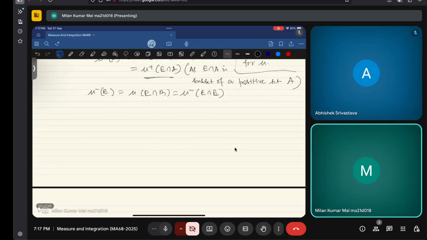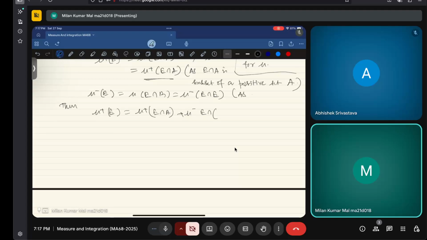Similarly, mu plus of E is equal to mu plus of E intersection A plus mu plus of E intersection B. And mu minus of E intersection A is equal to 0.